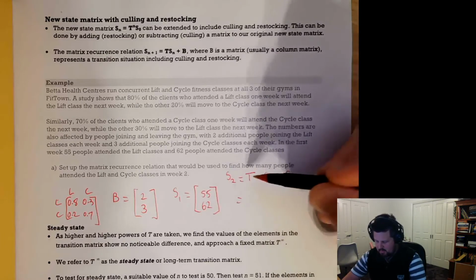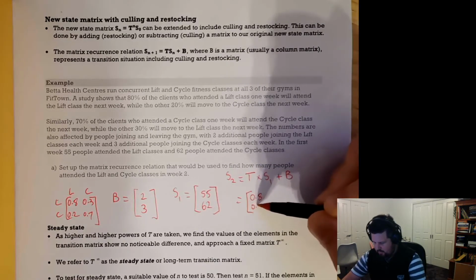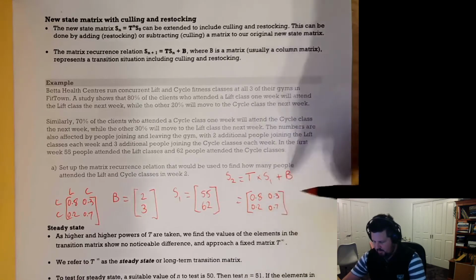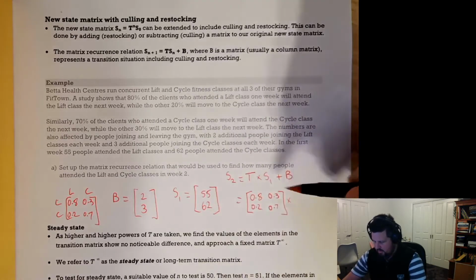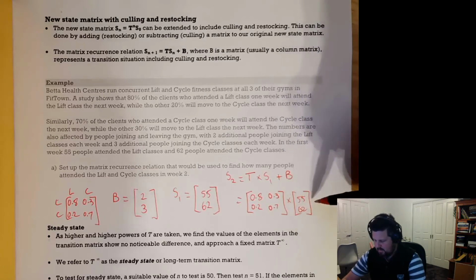Transition matrix is as follows: 0.8, 0.2, 0.3, 0.7, multiplied by the initial week, and then we're adding on that culling and restocking matrix.